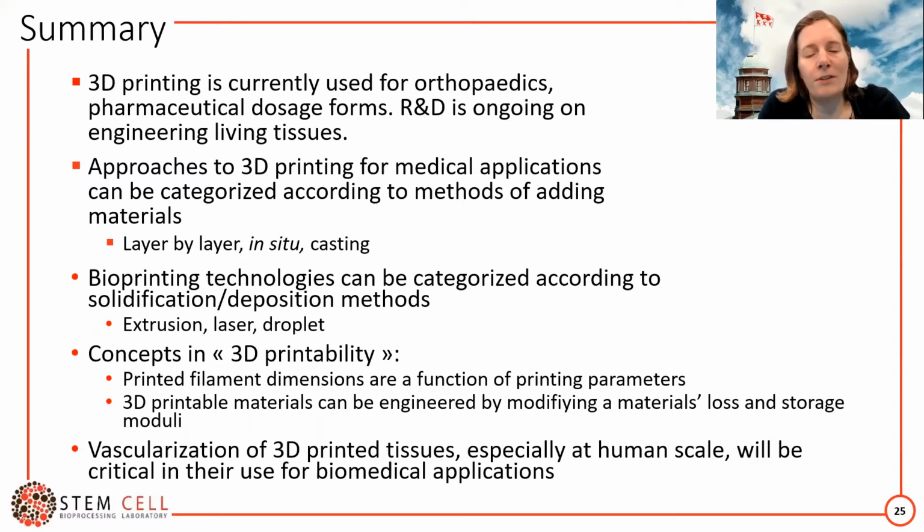Brenden covered some concepts in 3D printability, relating printing parameters to the filament dimensions that you're getting, and also how the rheological properties of the material can be used to predict and to optimize your prints.